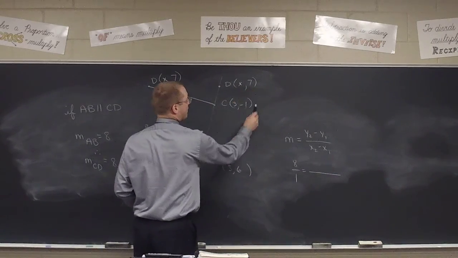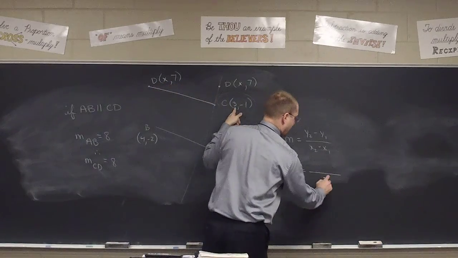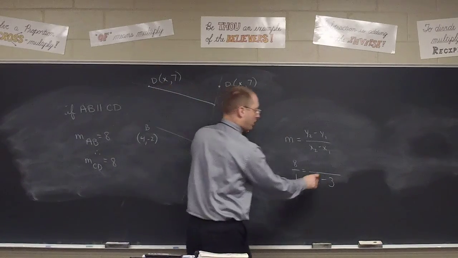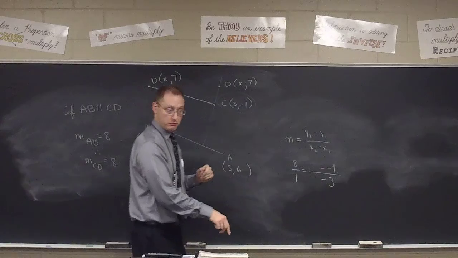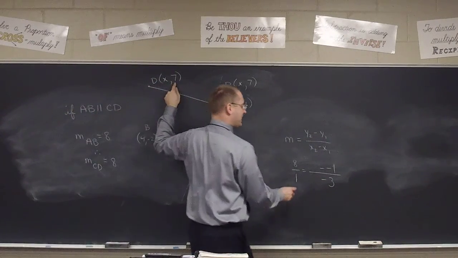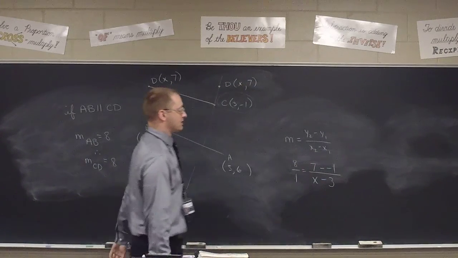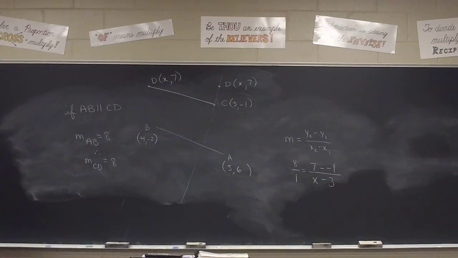Furthermore, I know one of my points is (3, -1). 3 is an x value. Negative 1 is a y value. The other point, I only know that the y is 7. I don't know the x. And you see that we could solve for x?